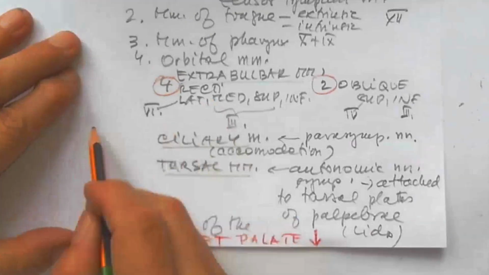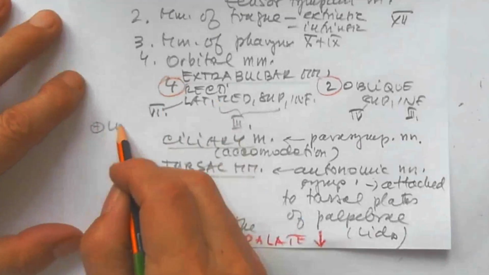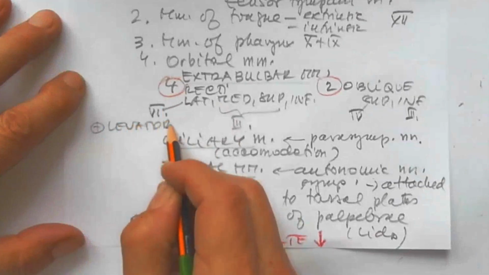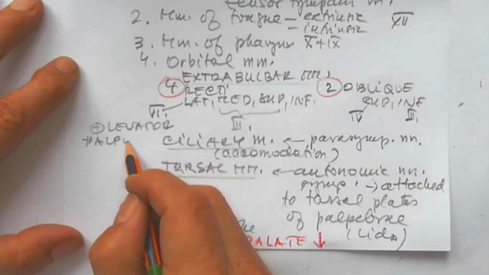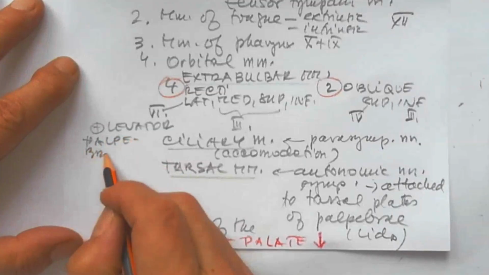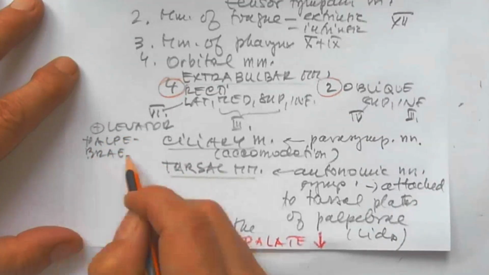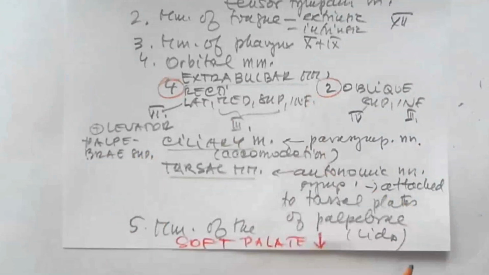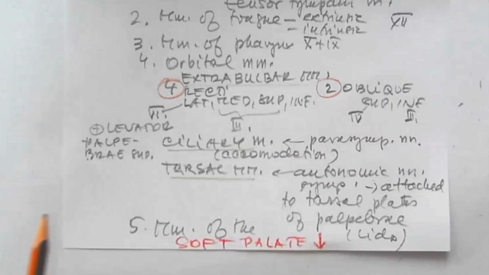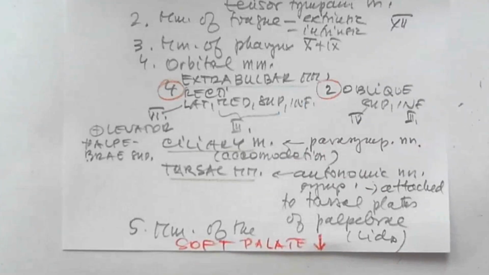We have to add also here the levator palpebrae superioris, because we have seen it. So this is the last one, but this is not a muscle of the bulb. This is the muscle of the upper lid.